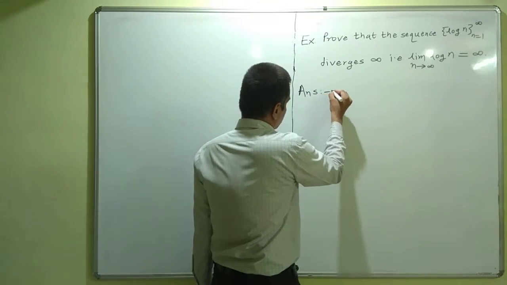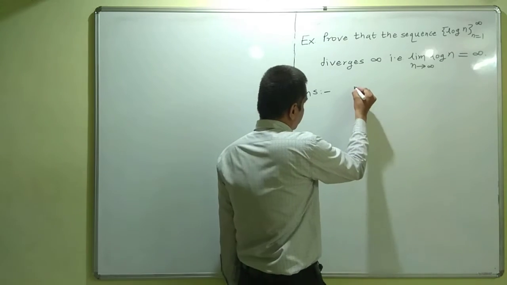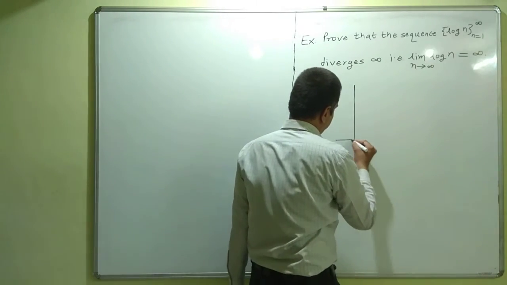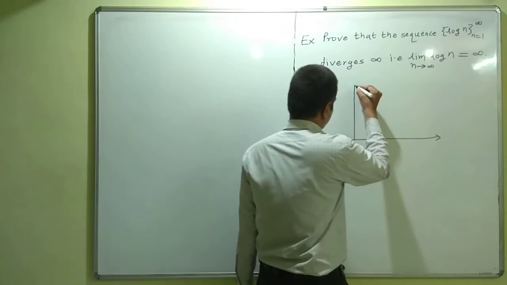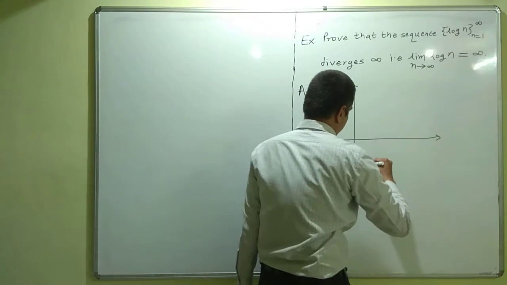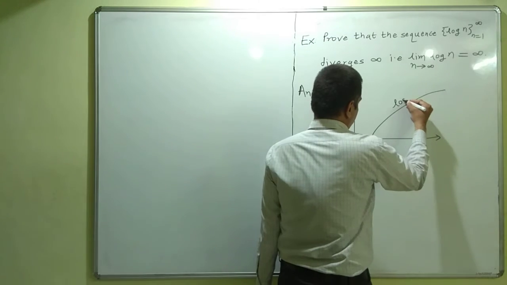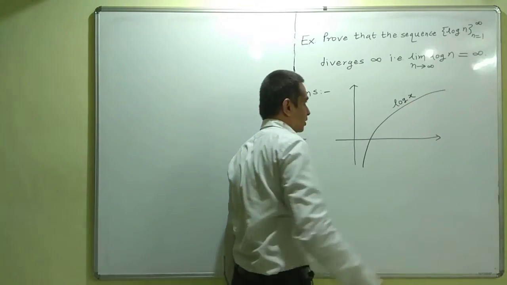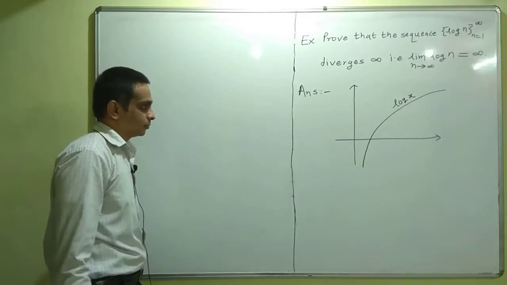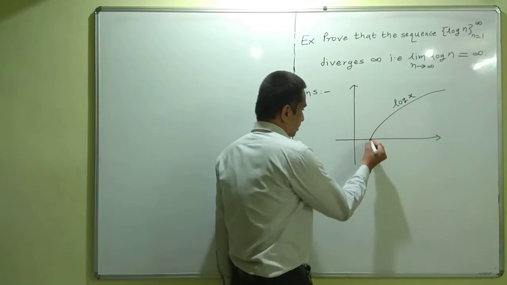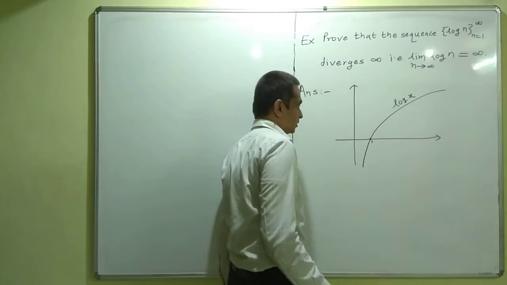So graphically we will try to understand interpretation of this. The graph of log x is like this. It is logarithm to the natural base, and this point is 1 where it intersects x axis.